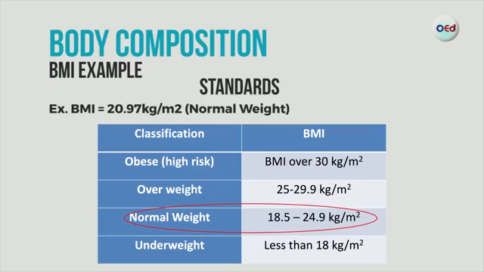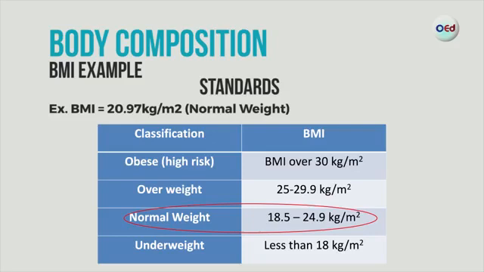Basing from the example a while back, the person has a 20.97 kilograms per meter squared range of BMI. What do you think is his classification based on this standard shown? Looking at it closely, a 20.97 kilogram per meter squared BMI falls between the ranges of 18.5 to 24.9 kilograms per meter squared.